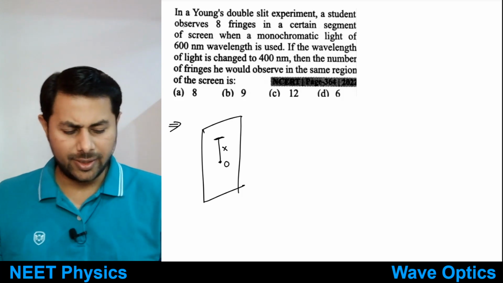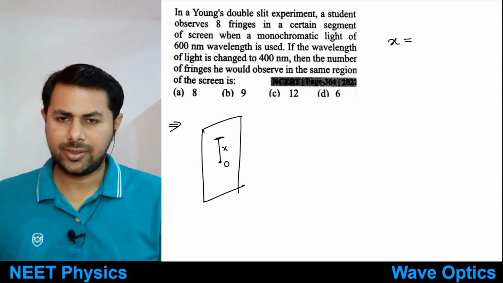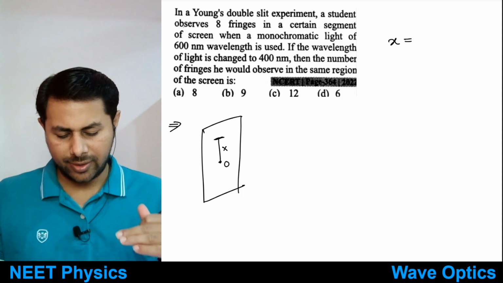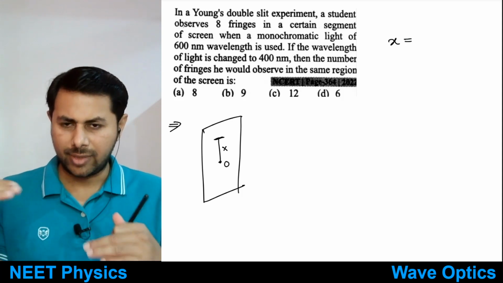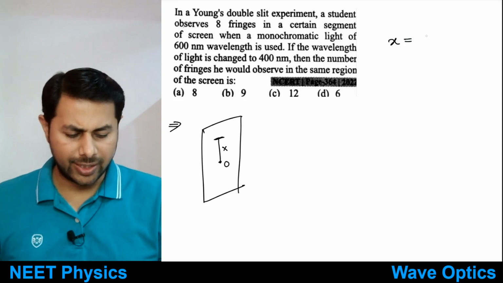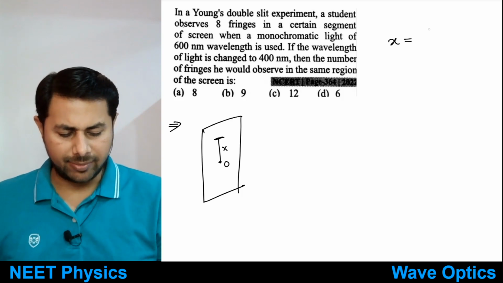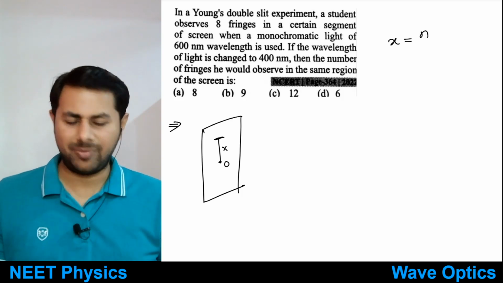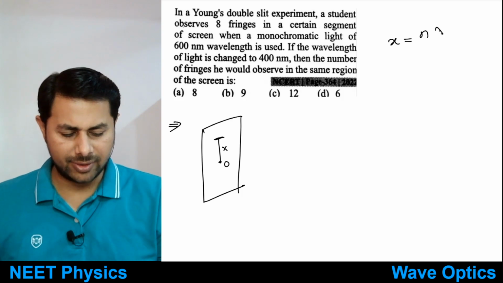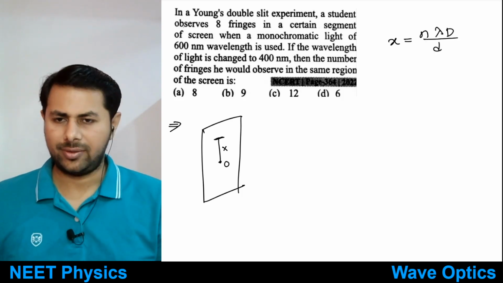Okay, let's check. How can we write the distance? Suppose there are 8 fringes, that means it is the 8th bright fringe. Suppose it is the nth bright fringe, we can say the distance is n times lambda capital D by small d.